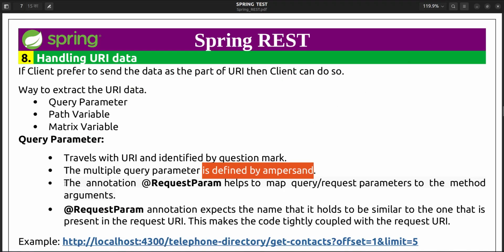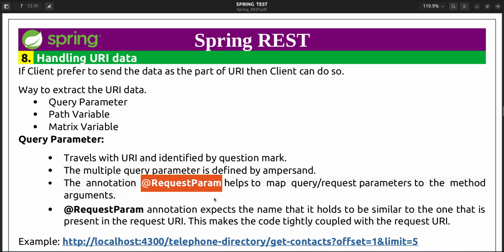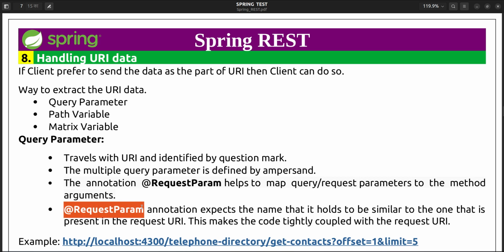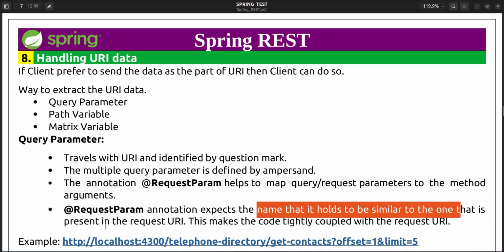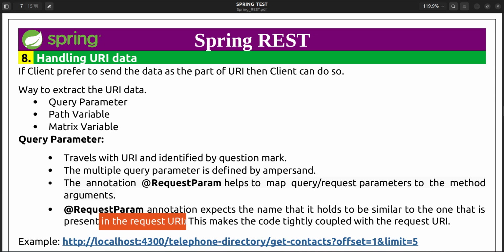The annotation @RequestParam helps to map query or request parameters to the method argument. The RequestParam annotation expects the name that it holds to be similar to the one present in the request URI. This makes the code tightly coupled.